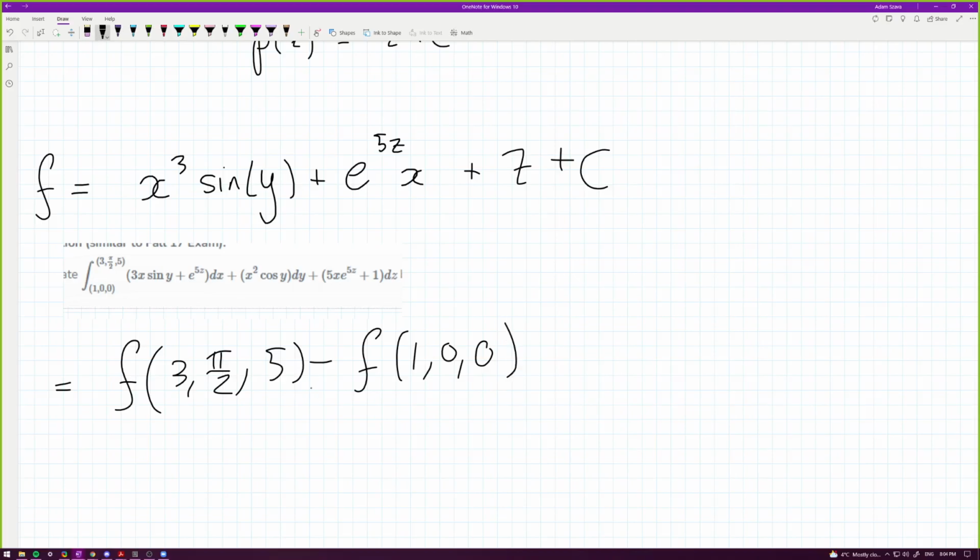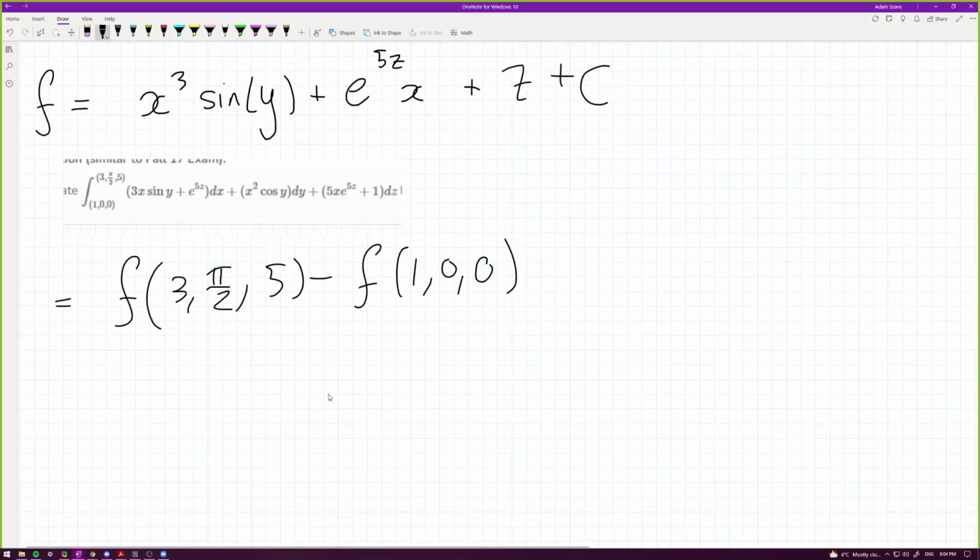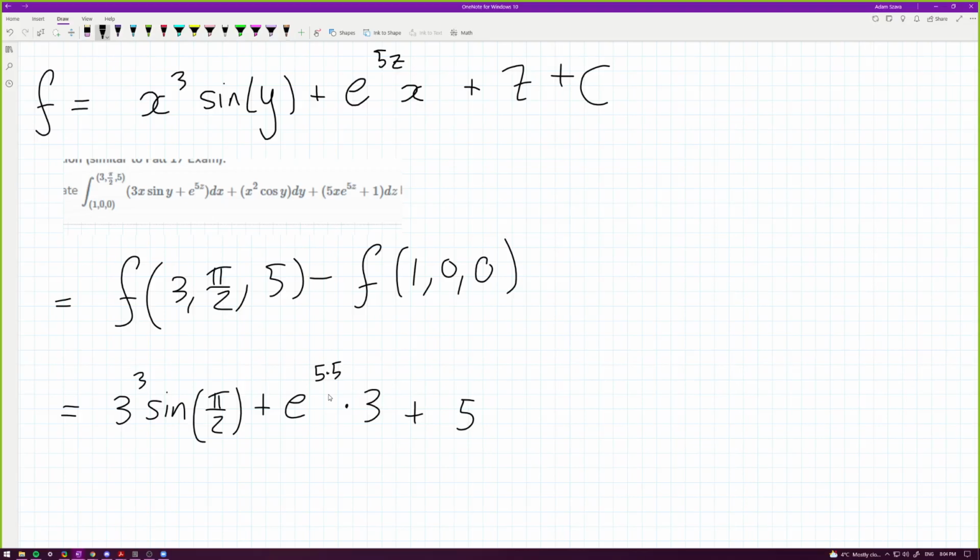Just like you do regular integrals, you just do that. And so this is going to be 3 cubed sine pi over 2 plus e to the 5 times 5 times 3 plus 5. And then we don't need the plus c because it'll cancel on both sides, so we don't need the plus c, just like with regular integrals.